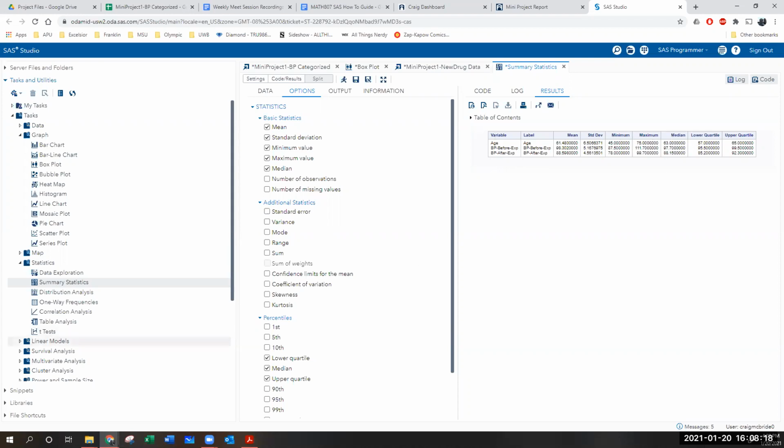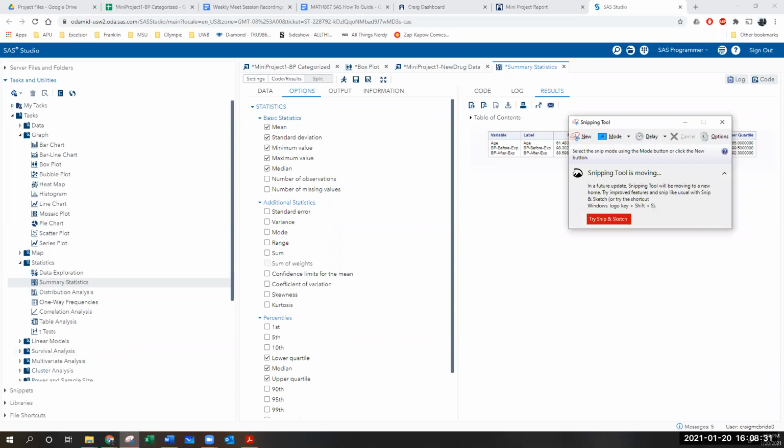A vertical table would look like, let me show you.